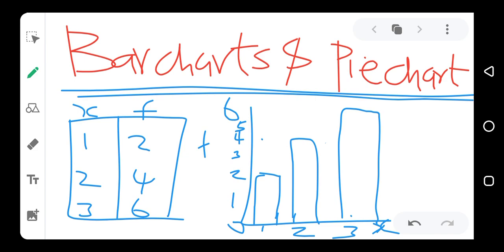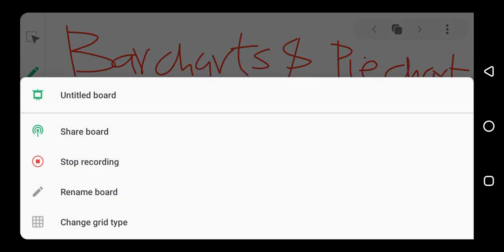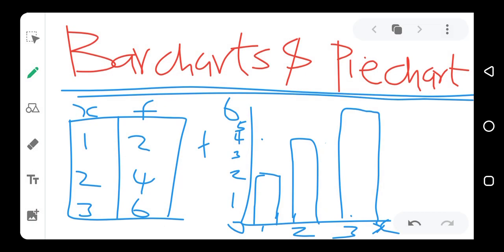So this is how to draw bar charts. The frequency represents the height of the bar, while the x-axis represents the data given to us.